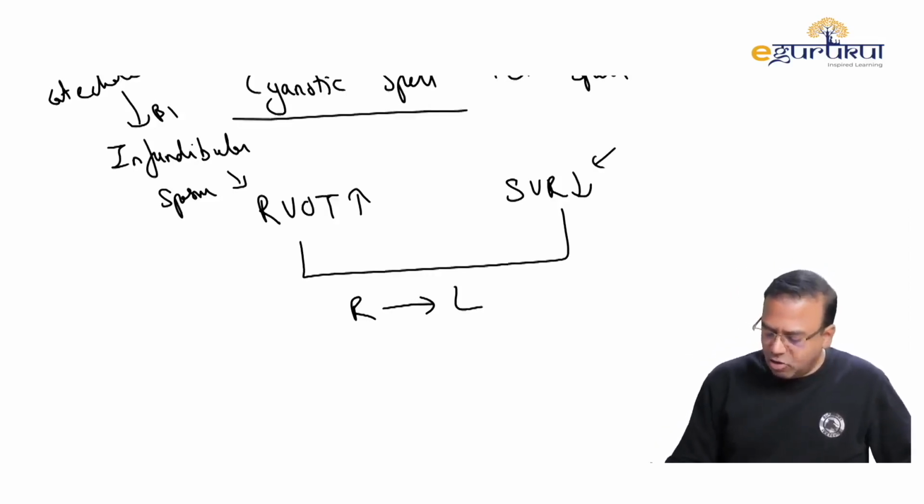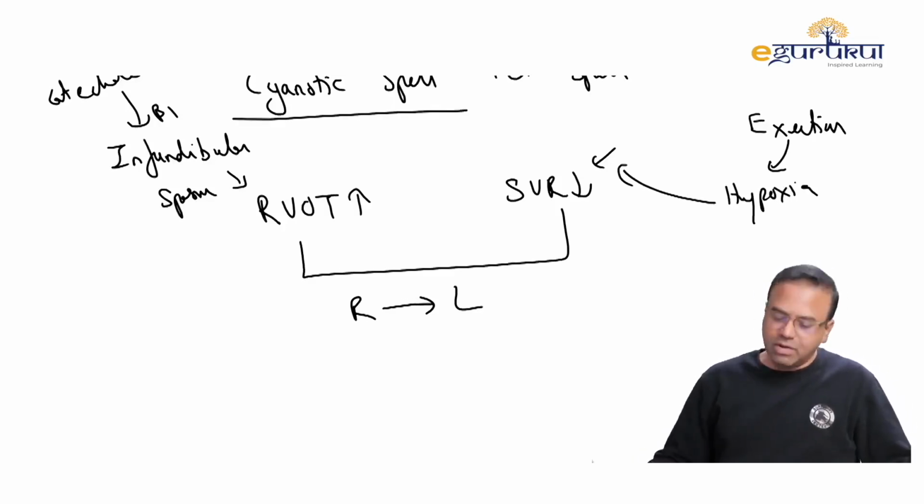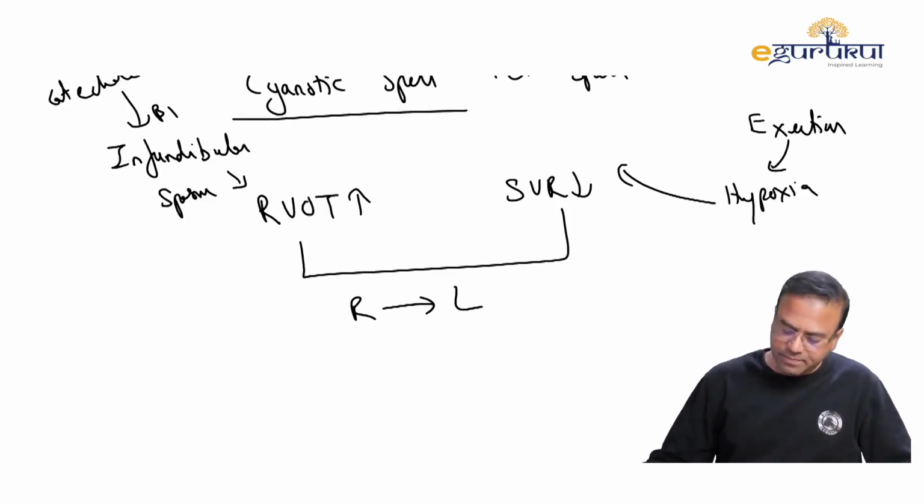The mechanism by which systemic vascular resistance decreases is any kind of exertion, because exertion is going to cause hypoxia, and hypoxia is going to cause vasodilatation. Exertion results in hypoxia, hypoxia results in vasodilatation, and vasodilatation decreases the systemic vascular resistance.